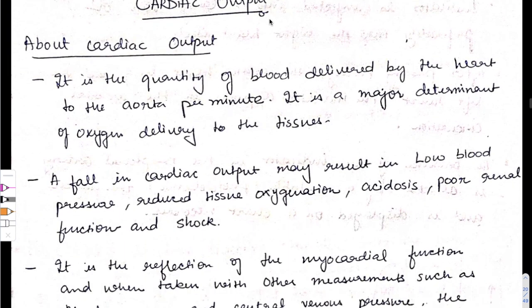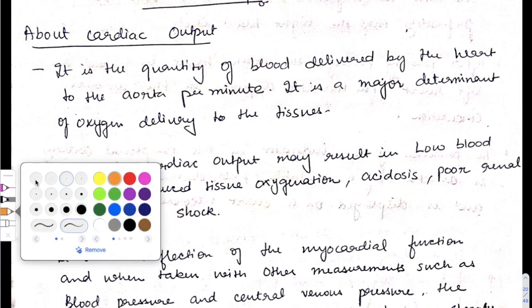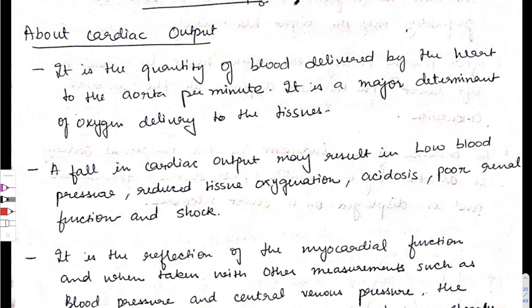First of all, I want to introduce my notes on cardiac output. So let's start with what cardiac output is. Cardiac output is the quantity of blood delivered by the heart to the aorta per minute, and it is a major determinant of oxygen delivery to the tissues.